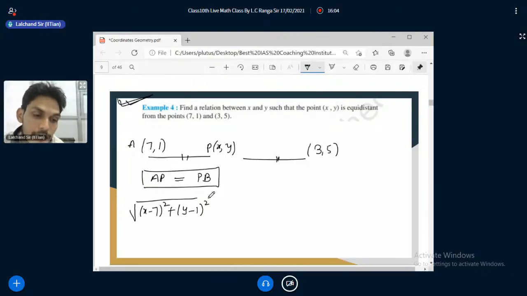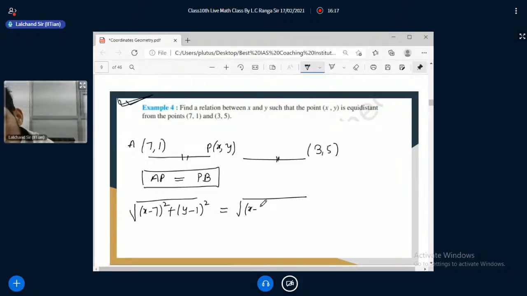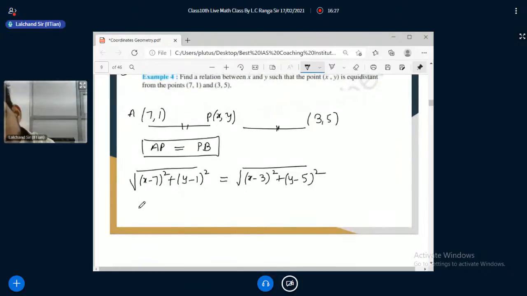Can we write like this for AP? Okay. Now similarly for PB, if we write distance formula for PB, then (x minus 3) square plus (y minus 5) square, isn't it? Squaring both sides.